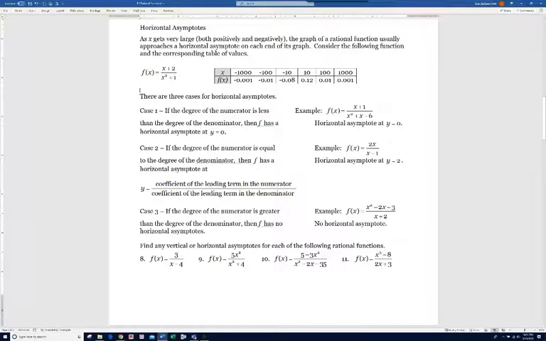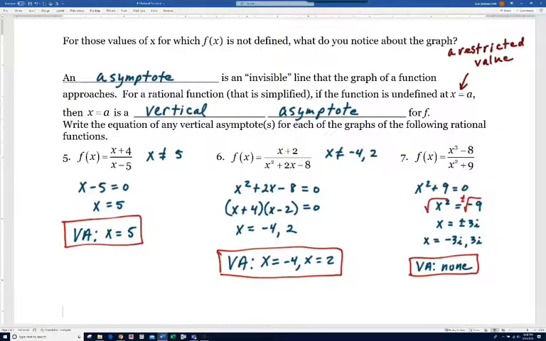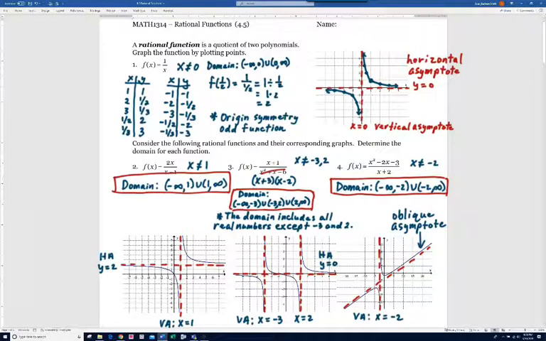Let's talk about horizontal asymptotes. And actually, I forgot to mention that on the last one, let's go back to where we were here. The thing I want you to notice about horizontal asymptotes is they tell us what's going on at the ends. You can see that in each of our graphs, the graphs are approaching the horizontal asymptotes on the ends.